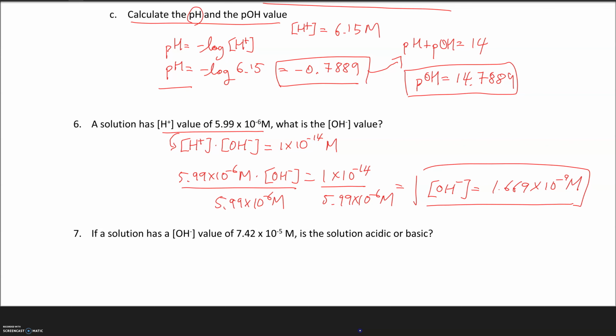Okay. All right. Our last one. If a solution has a hydroxide ion concentration value of 7.42 times 10 to the power of negative 5 molar, is the solution acidic or basic? Well, if we have concentration of hydroxide, we can definitely figure out pOH.